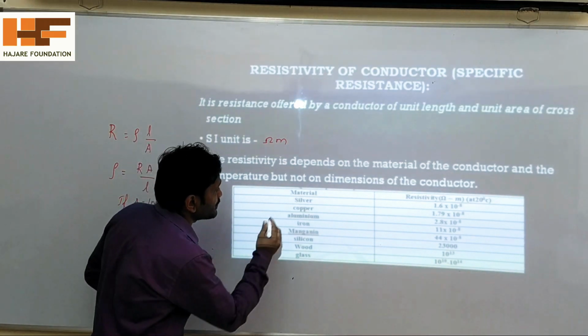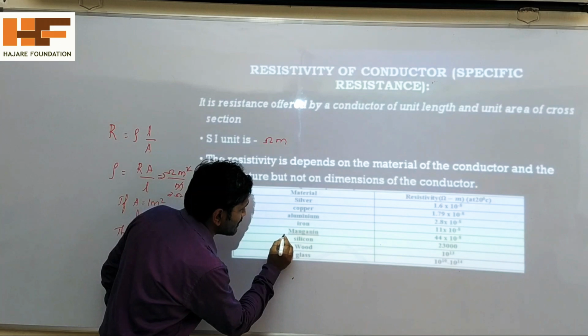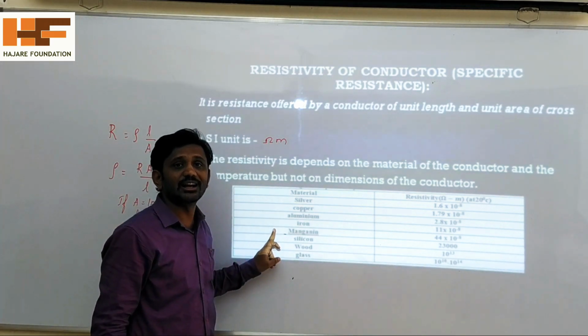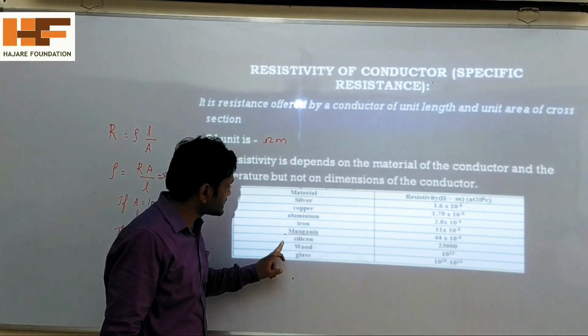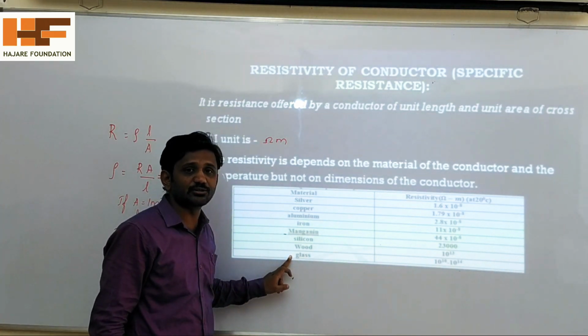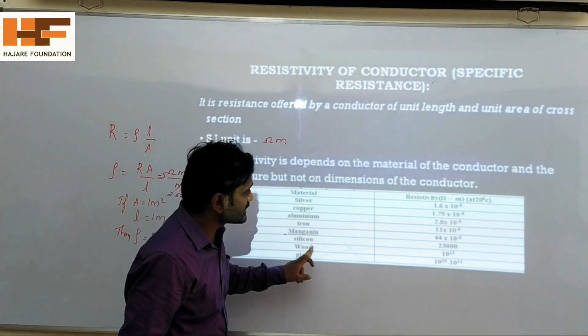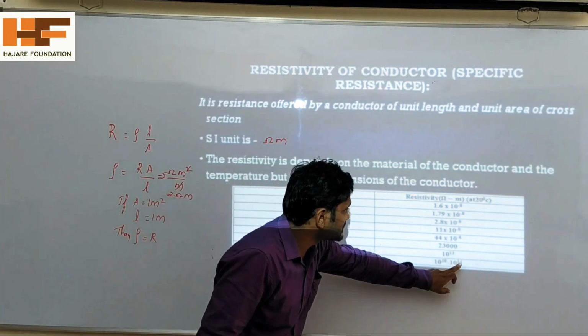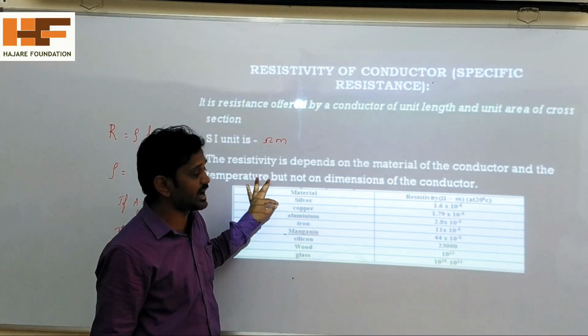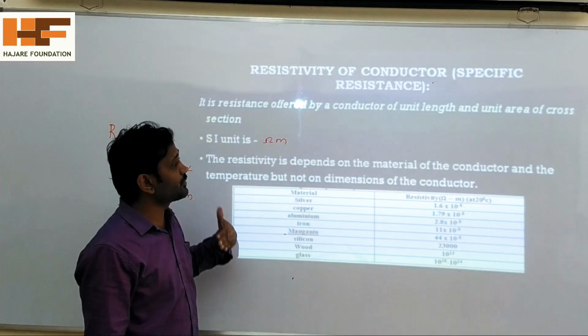Observe that from silver to magnetite, all these are conductors, silicon is a semiconductor, and wood and glass are insulators. The resistivity values of insulators are much more than those of conductors and semiconductors.